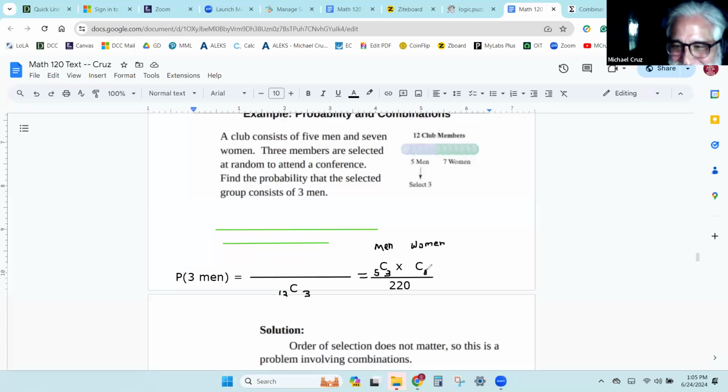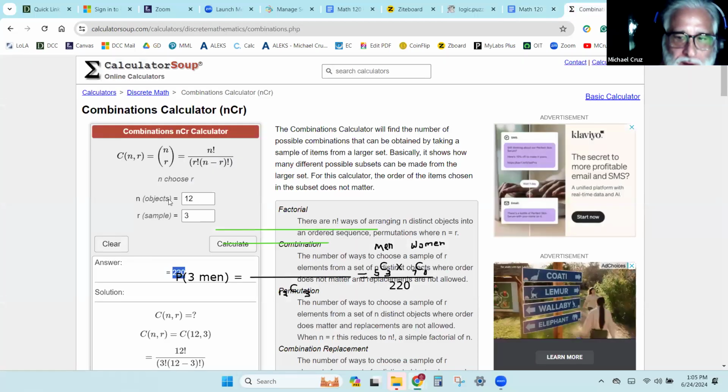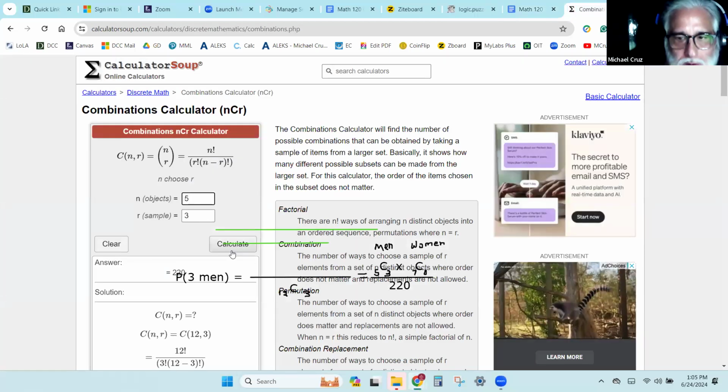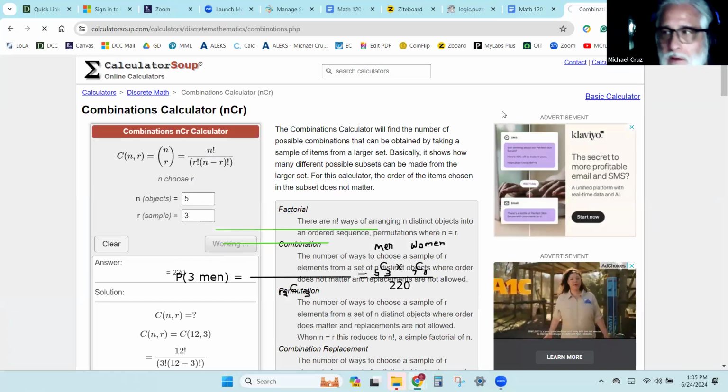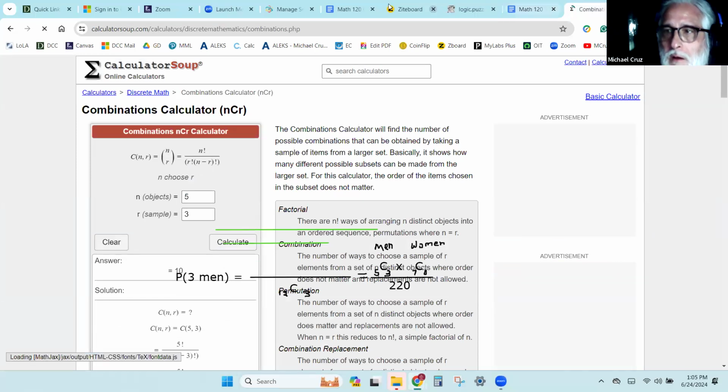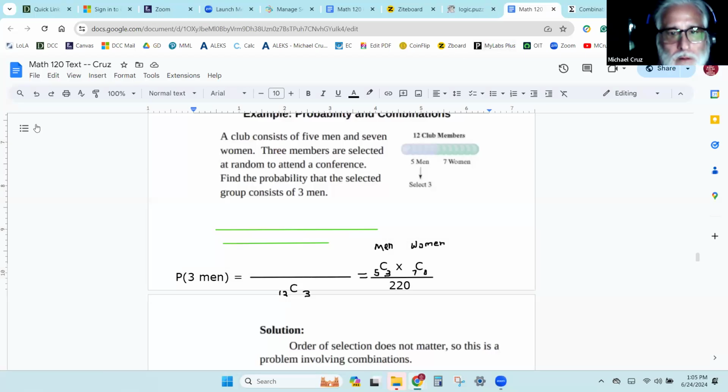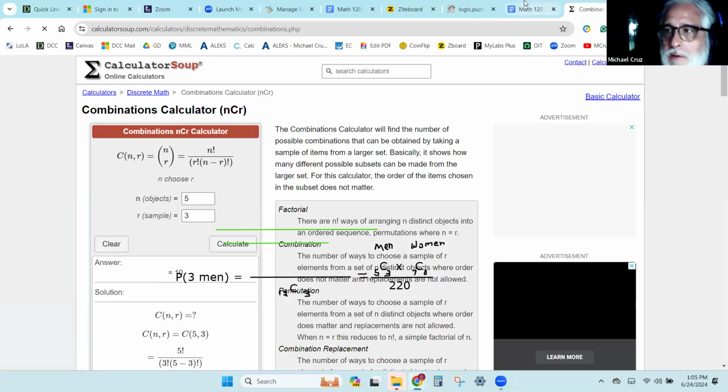So we're picking 0 out of 7. We could almost leave that out because that's just going to be 1. All right. But now let's go back over to that combinations calculator and do the 5, 3. So what was it? It was 10.